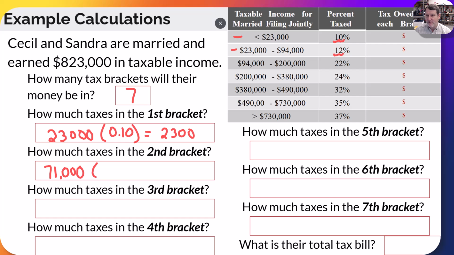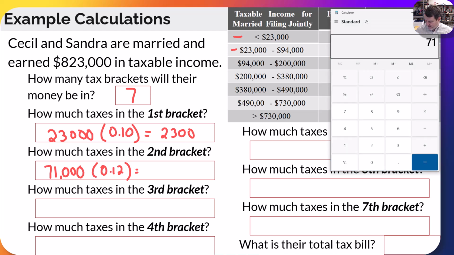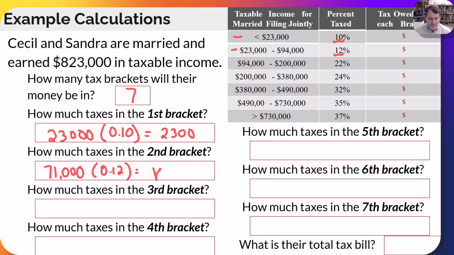Again, moving the decimal place 2 places, we get 0.12. And when we do the math on that, 71,000 times 0.12, we get $8,520.